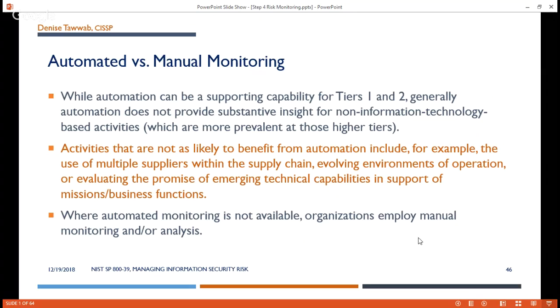Activities that are not as likely to benefit from automation will include, for example, the use of multiple suppliers within the supply chain, evolving environments of operation, or evaluating the promise of emerging technical capabilities in support of business functions. Where automated monitoring is not available, organizations employ manual monitoring and/or analysis.